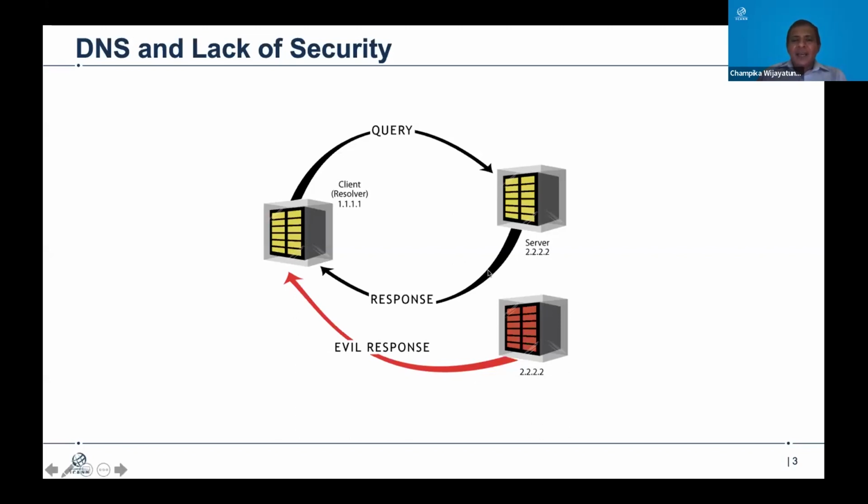During this process, if the attacker server has impersonated one of these servers and sends a wrong response, ultimately the client will get a wrong IP address. So the client will visit a bank website, thinking that it's the correct bank website, but it may not be the correct bank website it's visiting.